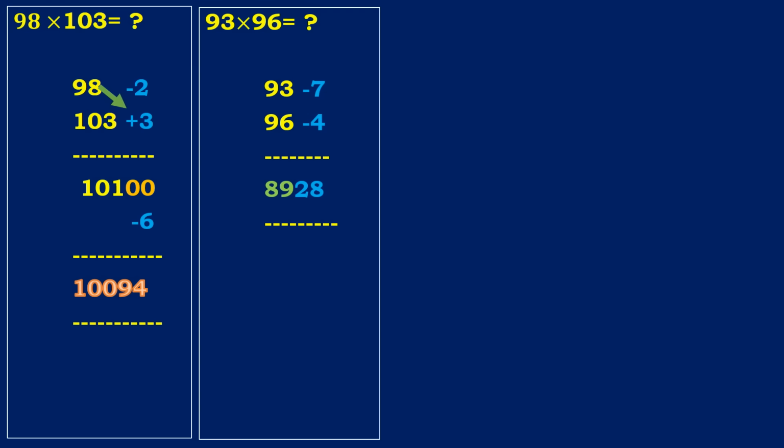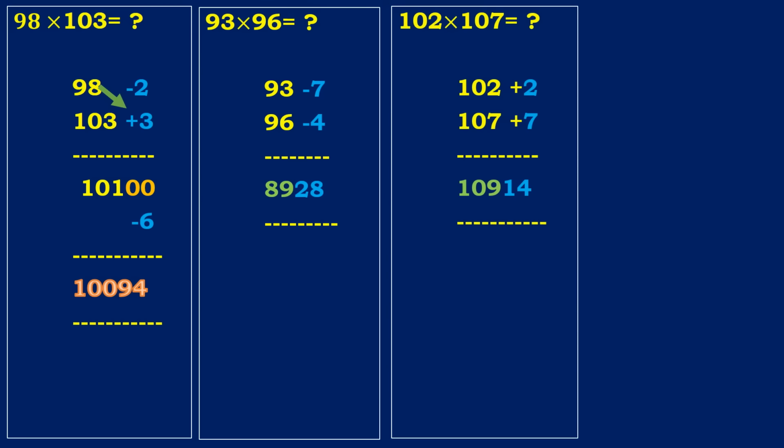This is the first part of the answer. The product of minus 7 into minus 4 will be 28. Then, the required result is 8,928.